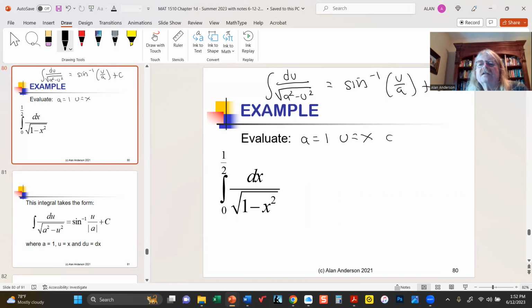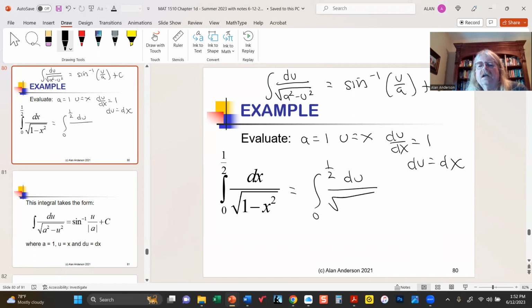That's important because then du/dx is 1, or du equals dx. Otherwise we're not going to have what we need. So we have du in the numerator. 1 squared is just 1. x squared is x squared. So we have the arcsine of u over a. This one is evaluated between 0 and 1/2.